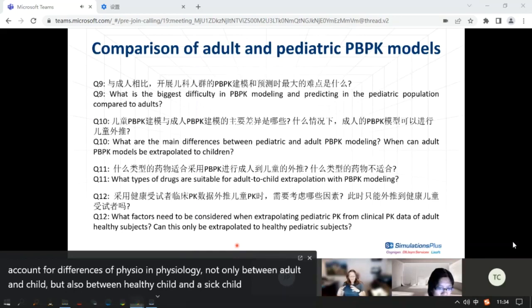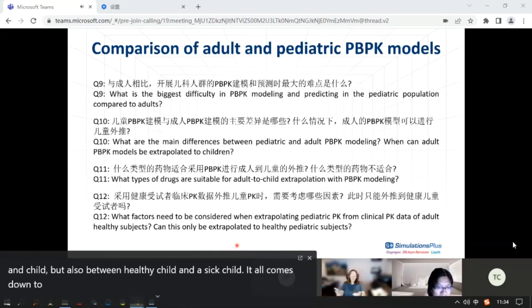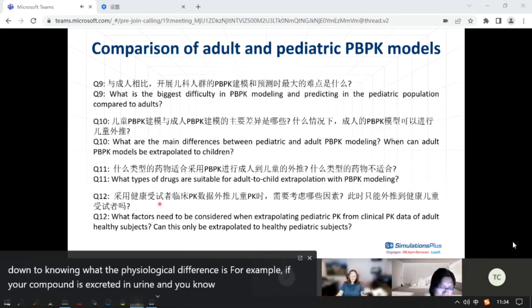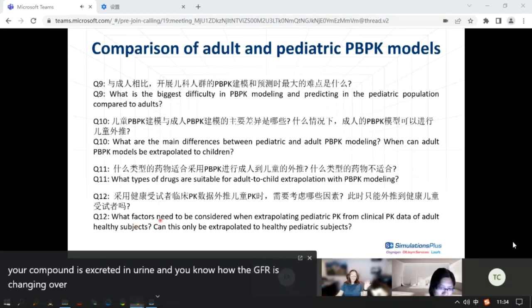It all comes down to knowing what the physiological difference is. For example, if your compound is excreted in urine, and you know how the GFR is changing over the ages, how it's changing between adults and children, of course you can scale it into children.